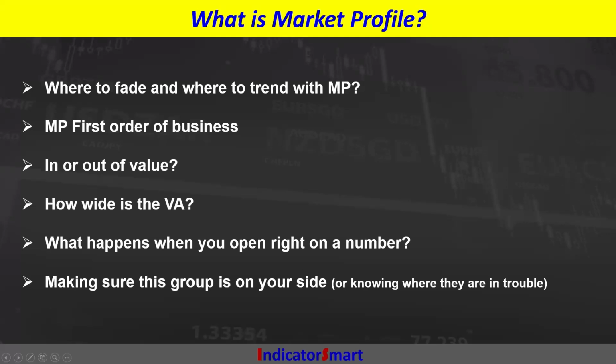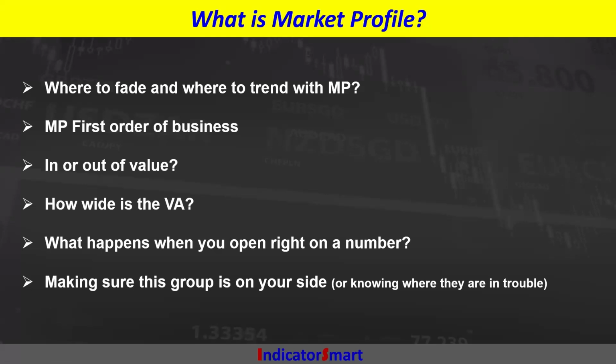Another one that happens is that on some days you're going to open right on that number, or within 5 ticks of the value area high or the value area low. That is a really dangerous thing, because when you open right there, it becomes ambiguous. Remember we said if you open above value, you close above value; open below value, you close below value; open inside, it's 33, 33, 33. Well, when you open right on the number, these guys don't know what to do, or they become mixed.